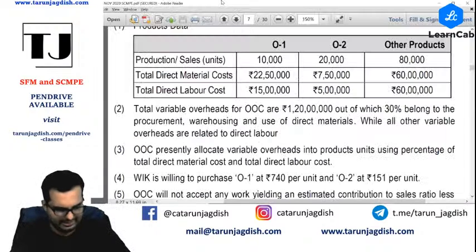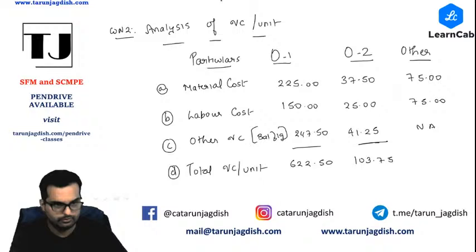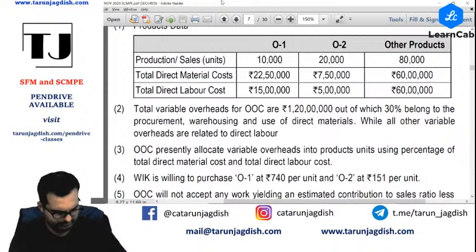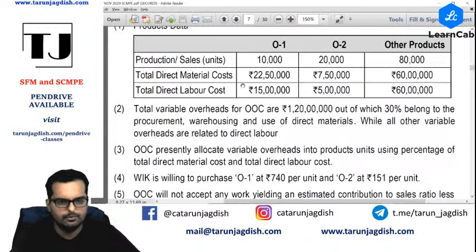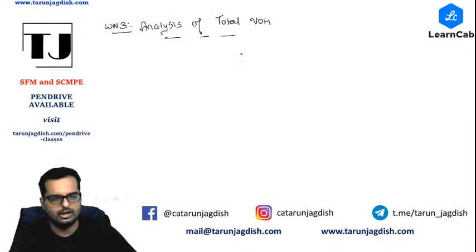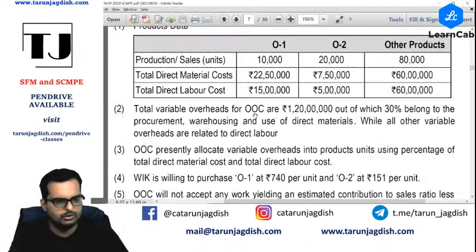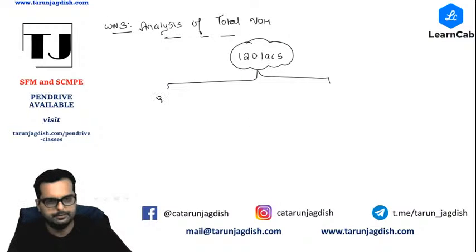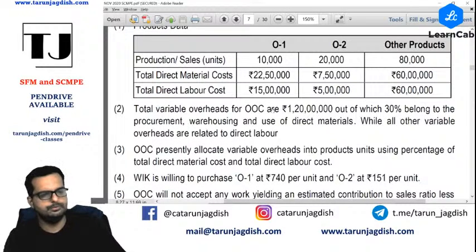Let me try if we can tally this. 120 lakhs is the total variable overhead. I'll break this up into 2 parts now: 30% and the other one, 70%.